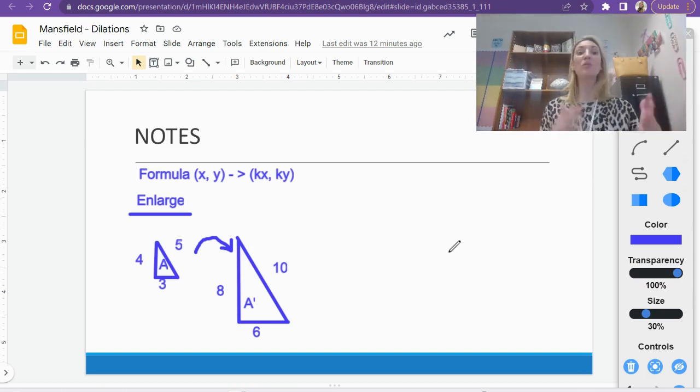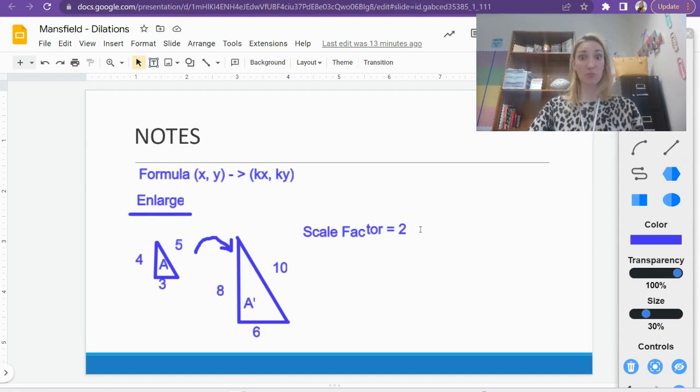Let's write the formula for how did, if I can only use multiplication, how did 4 become 8? How did 3 become 6? How did 5 become 10? Well, all of them were multiplied by 2, right? So this is how we write it. So again, on your notes, please write scale factor 2, right?